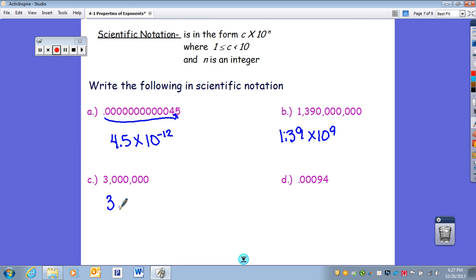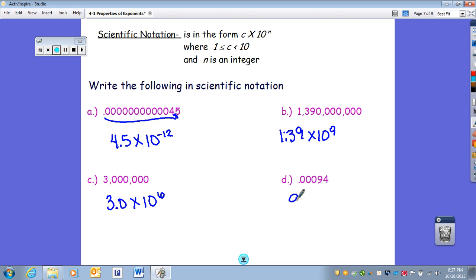Letter C, I'm going to move the decimal between the 3 and the 0. I am moving my decimal 6 places, and it's going to be a positive 6 because that would tell a person putting this back into standard form that I would need to move the decimal 6 places to the right to get back to my original number.